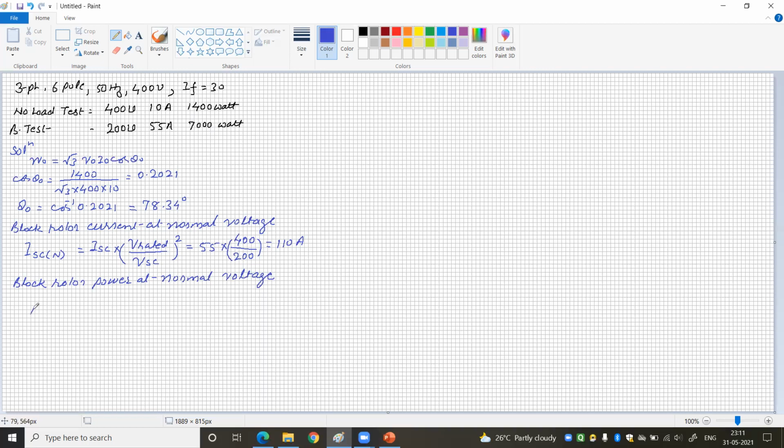So in this case, short circuit power PSC at normal voltage is equal to short circuit current at normal voltage divided by short circuit current under reduced voltage, bracket square, into short circuit power at reduced voltage.